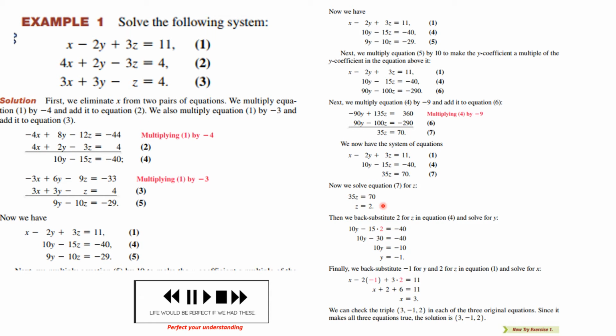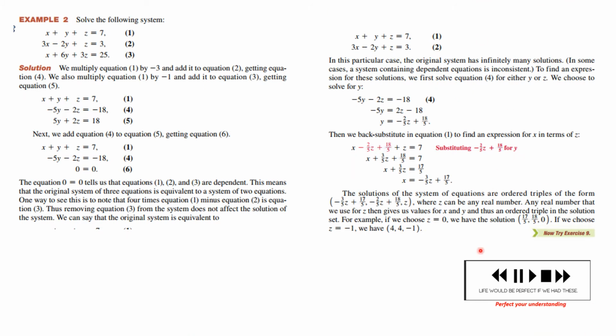And then if we take 2 and substitute it into this next equation up there, the one we called 4, we get this. That tells me y is minus 1. And finally, we can back substitute minus 1 for y and 2 for z in equation 1 and solve for x. Here we do it, and we get x is equal to 3. And you could check this if you wanted to. I encourage you to test your understanding by trying this problem.